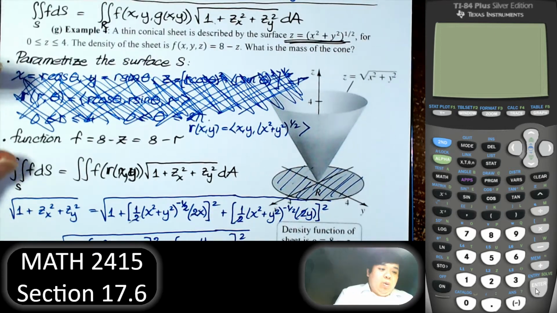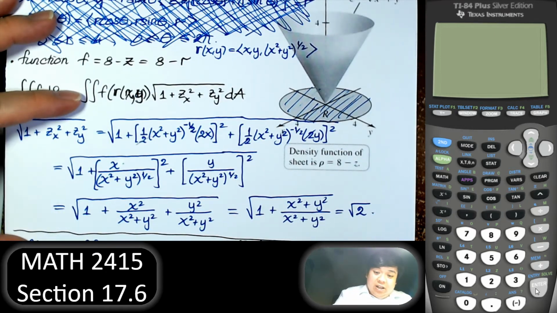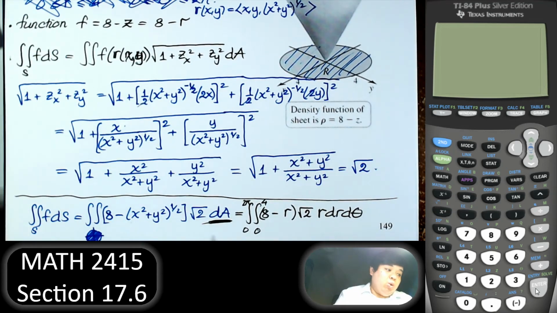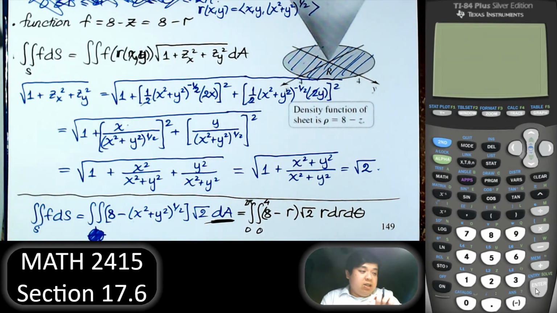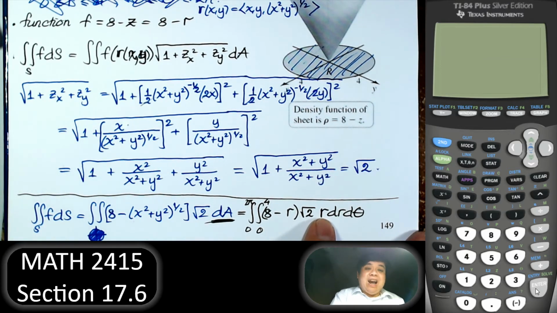But if we want to convert to r and theta, by all means, this is a lot easier to do, which turns out to be the same. So whether we do the surface integral keeping x and y, we end up with this. Or if we parameterize using r and theta, that takes care of the Jacobian nicely as well.